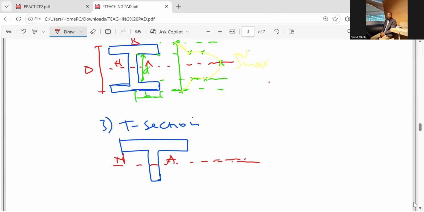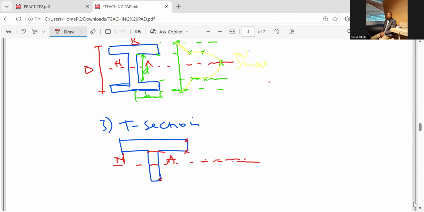So once I have the neutral axis, I have now to plot how many points? One, I'll plot at this point here, topmost. Then at the intersection between the flange and the web, and then the bottom part here. Not forgetting the neutral axis.